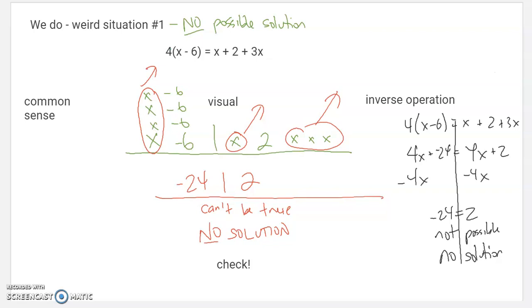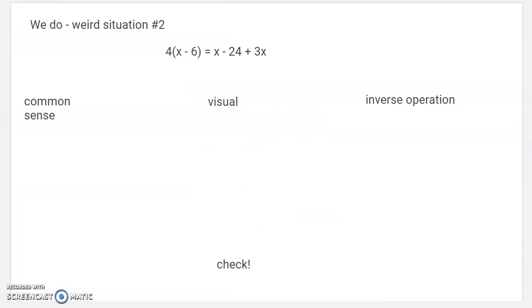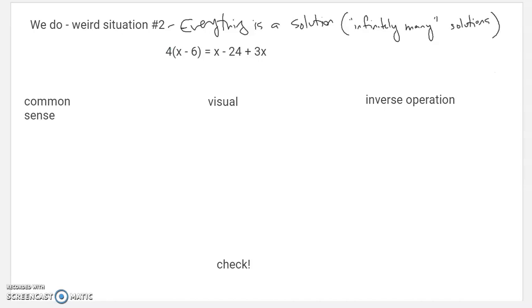The other weird situation, when you're ready, is instead of there being no solution, there's situations where everything is a solution. Or as a fancy math person would say, there are infinitely many, in that snobby accent, solutions. So this is going to be one of those where when we solve this, actually everything's going to be a solution.